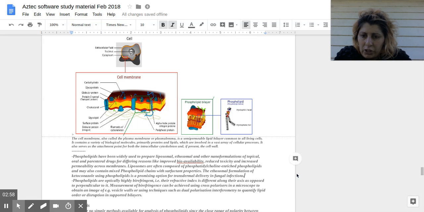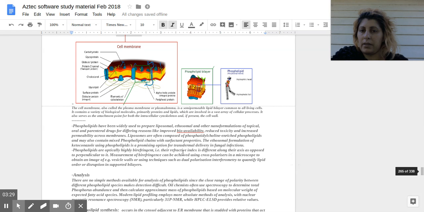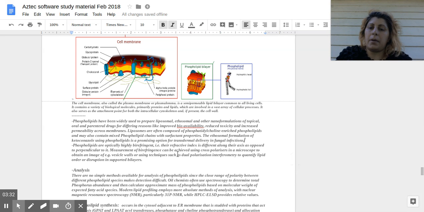Measurement of birefringence can be achieved using cross polarizers in a microscope to obtain an image of, for example, vesicle walls, or using techniques such as dual polarization interferometry to quantify lipid order or the disruption in the supported bilayers. So there's various ways of figuring out the makeup of layers.